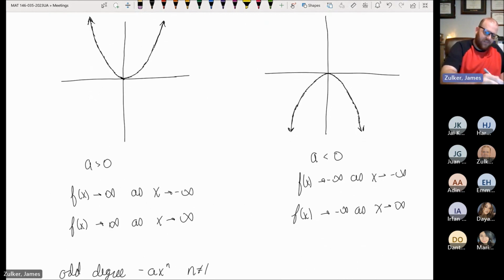So it's going to be this case right here, the one on the left.